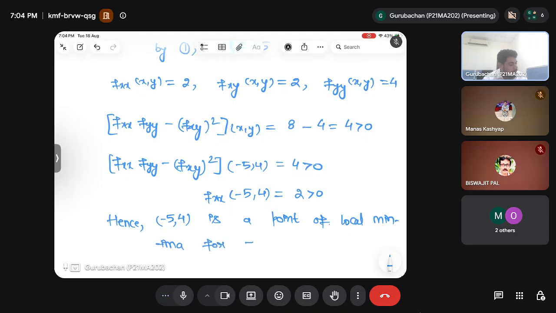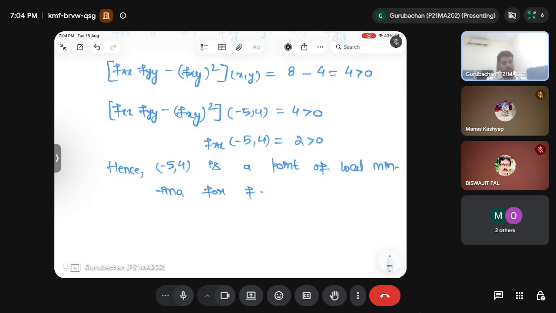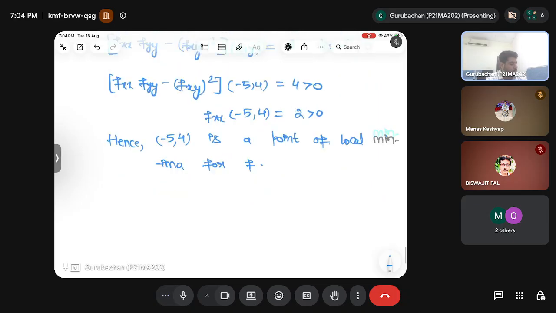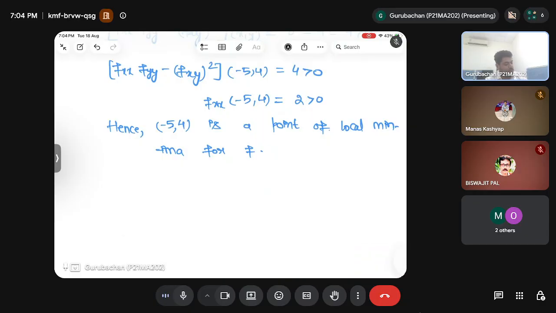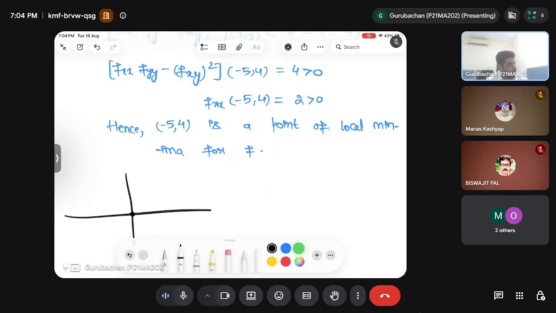So obviously you know the meaning of local or global. If you have any question regarding that, please tell me, so I'll explain. Suppose this is your point origin and you are saying this is a local minima, so you're talking about its neighborhood.